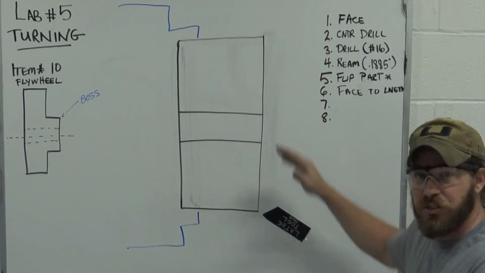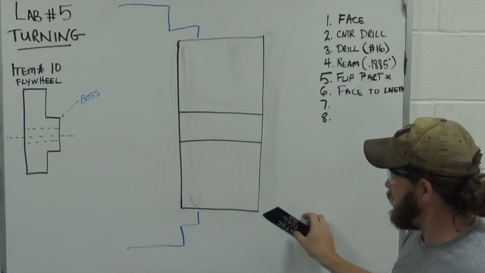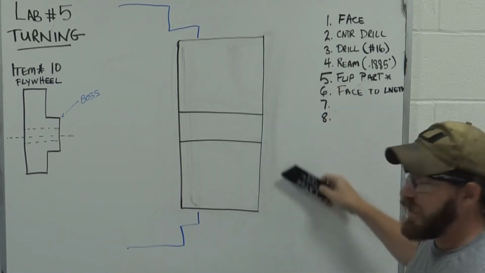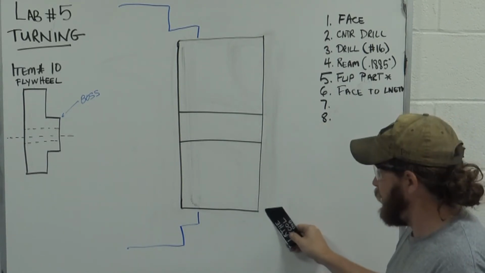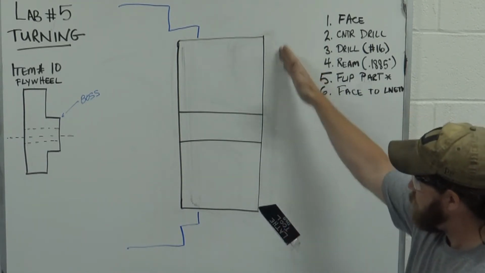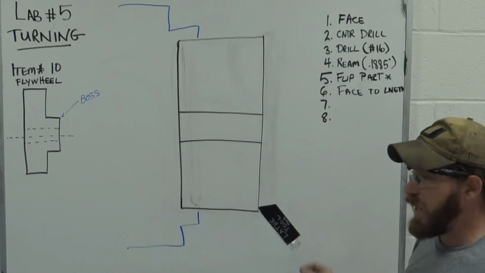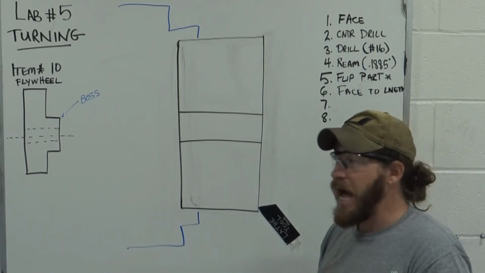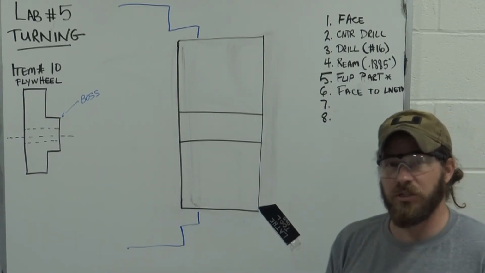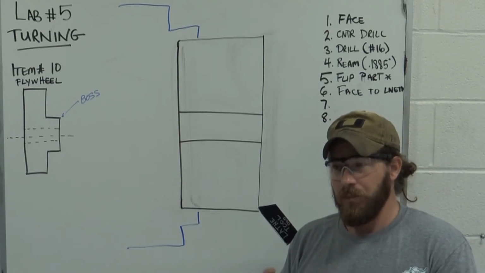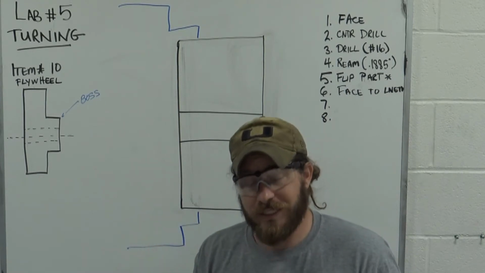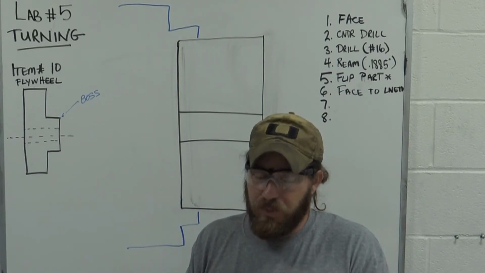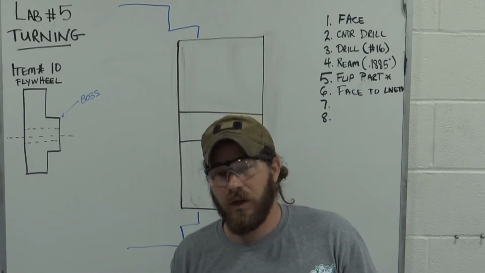So let's just assume that I've gone ahead and faced it, measured it, and kept facing until I get it down to the correct length, all right? So I've got it to the correct length. Now, this is where using our controls, our dials, is going to become very important, all right?